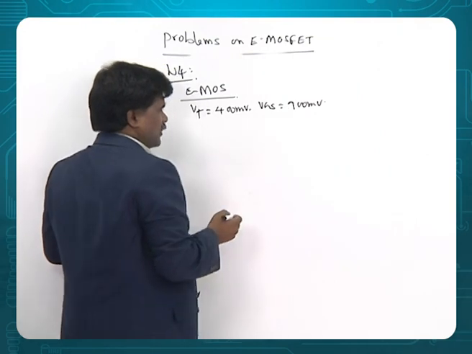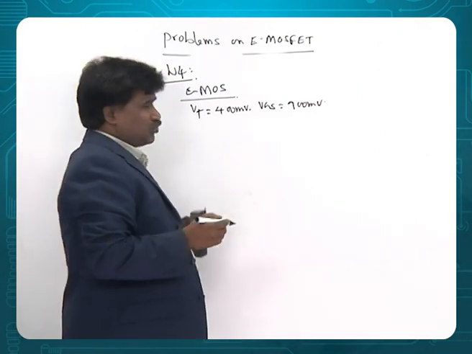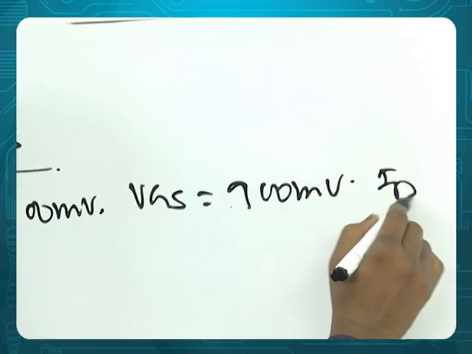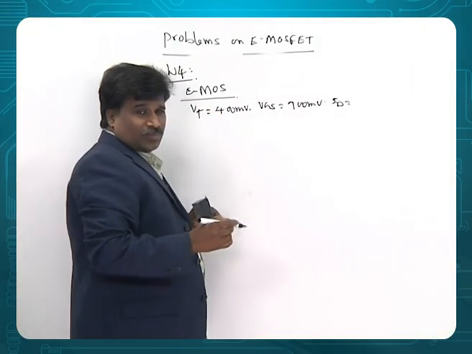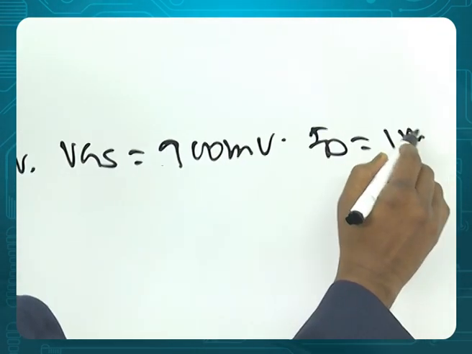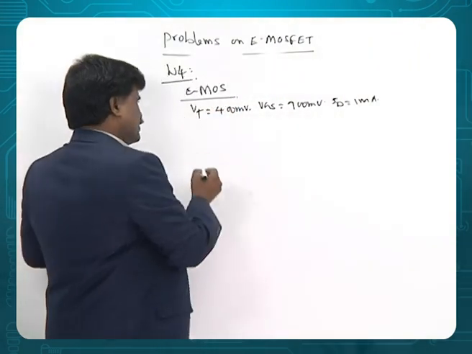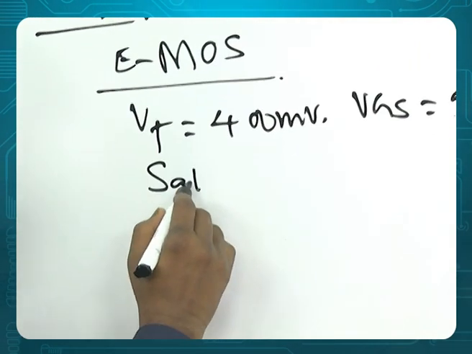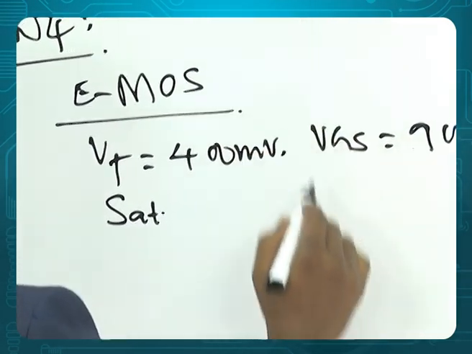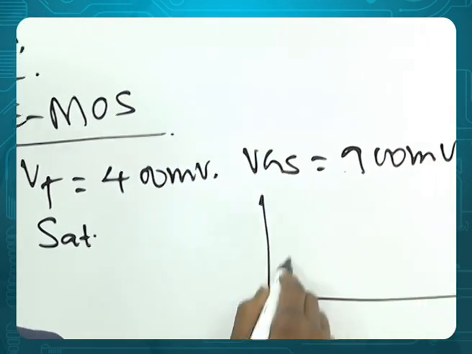For these two, the current given to us is 1 milliampere. Now he also said one word, saturation. When you look at the characteristics, saturation means here.